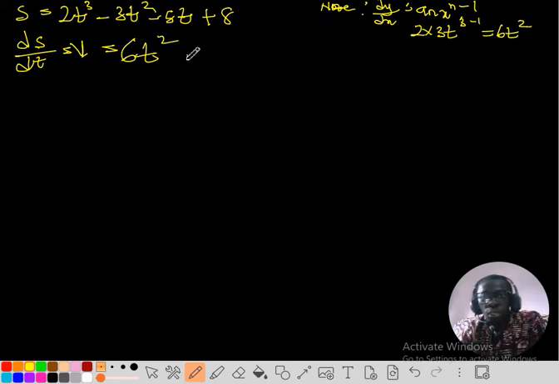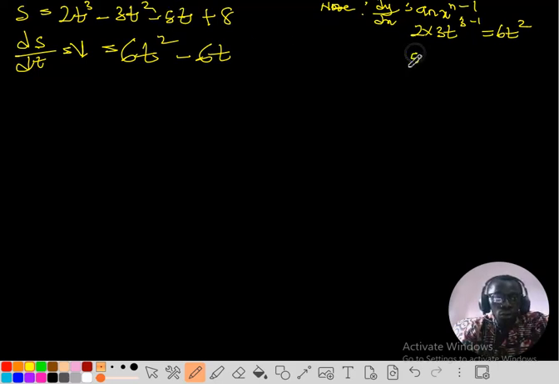We use that here again. 3 times 2 will give me 6, then you have t, 2 minus 1 gives 1. For the other part, which is 5t, a is 5, times n, which is 1, then t raised to 1 minus 1.